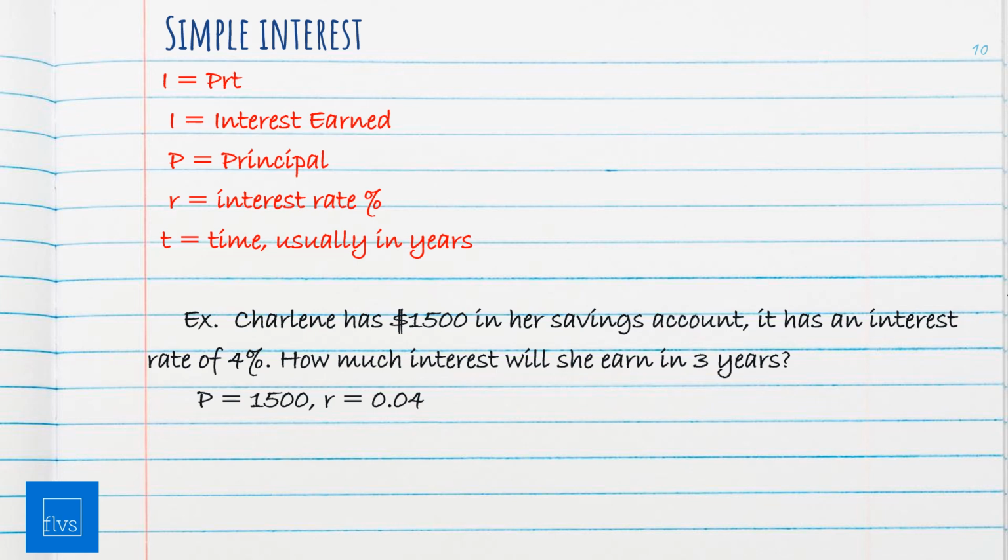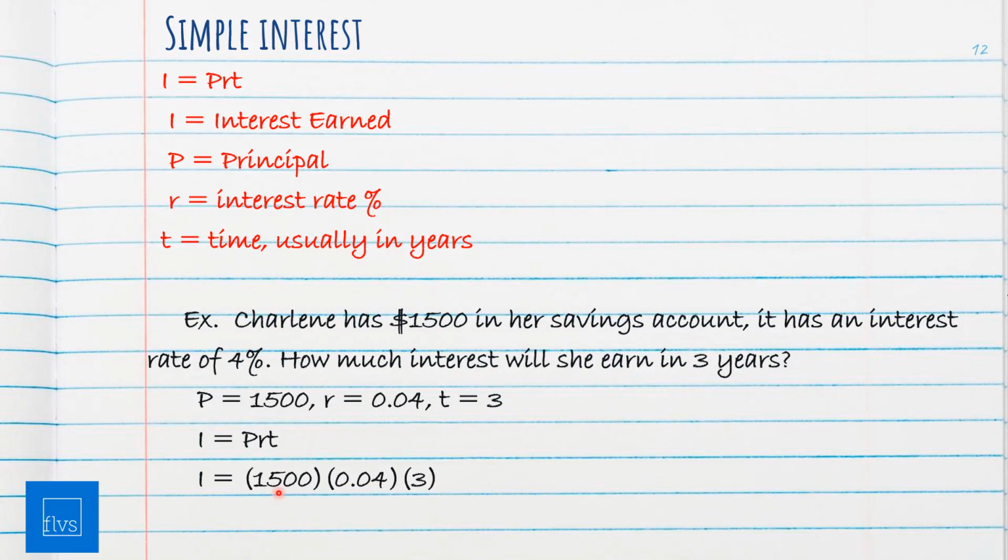Remember, we take the percentages and we change it to a decimal by dividing by 100 or moving the decimal 2 places to the left. So 0.04. And our time, T, is 3 years. So 3. Now we're going to plug those numbers into our formula.